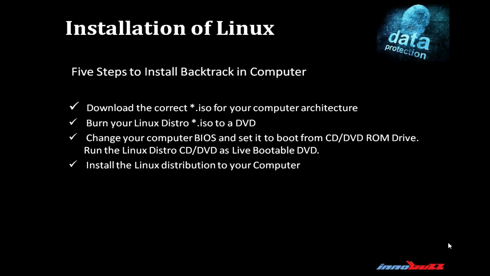Download the correct Backtrack ISO image for your computer architecture. Burn your ISO to a DVD. Change your computer BIOS and set it to boot from CD-ROM. Now run Linux drive or disk as a live bootable DVD. Install the Linux distribution to your computer.